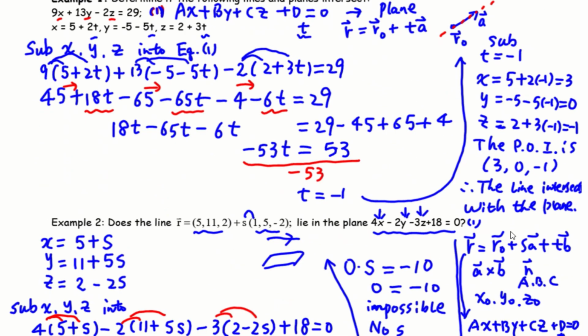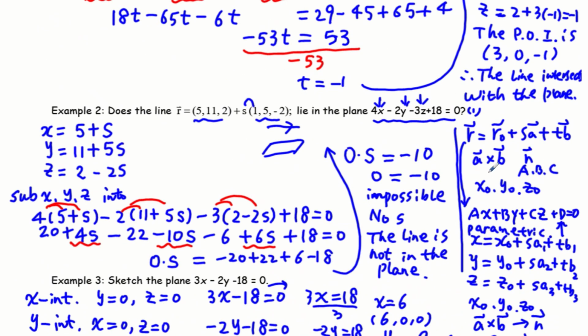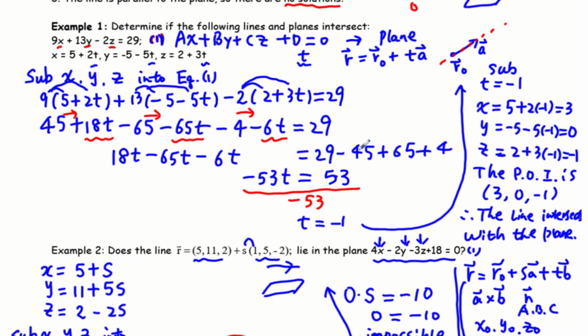If not, then we use A cross product with B to find the normal, then use 1 point on the plane to sub into the Cartesian equation, find the D, then we have the equation of the plane in Cartesian form. The reason why we want it this way is that we can sub in x, y, z from the parametric equation for a line.